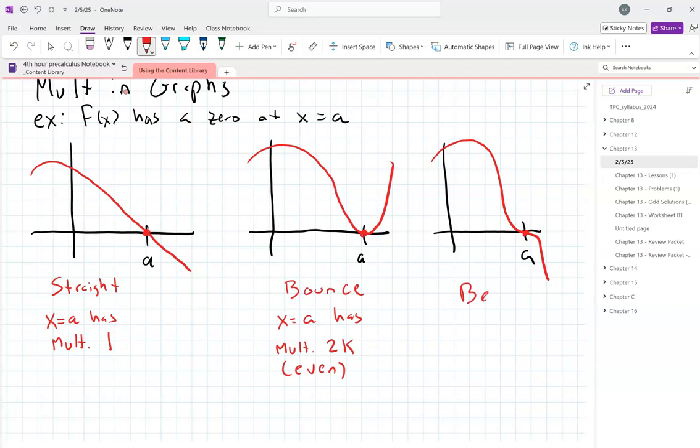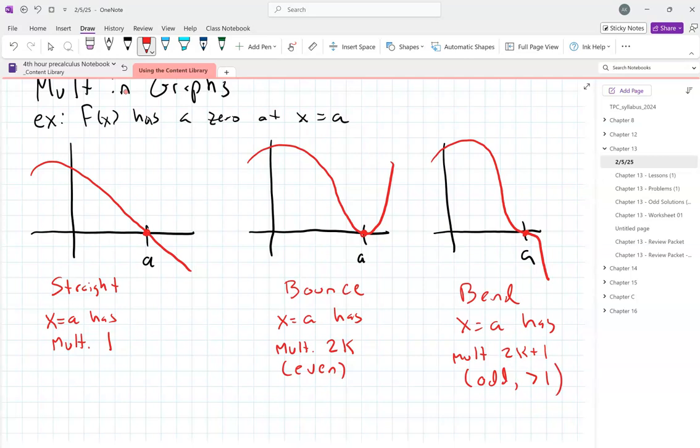This last situation is called a bend. You see how it's like changing concavity there? So x equals a has a multiplicity of 2k plus 1 greater than 1, all right, which is odd, but greater than 1.